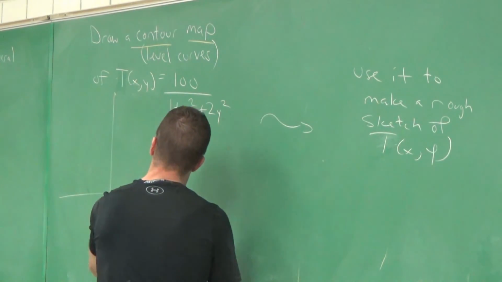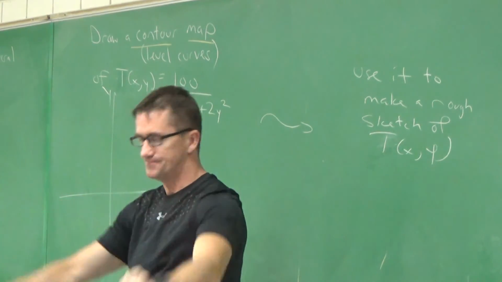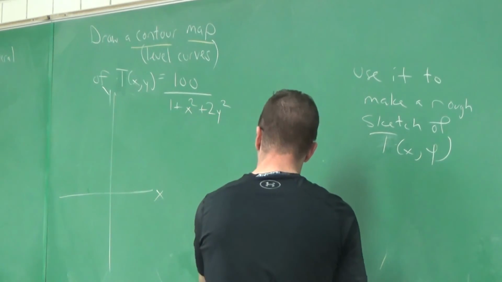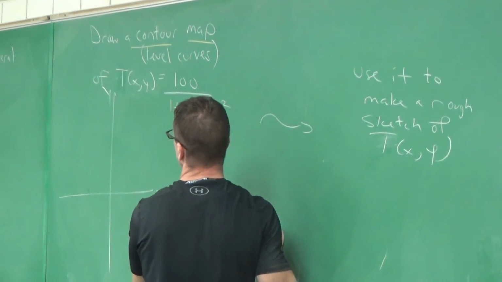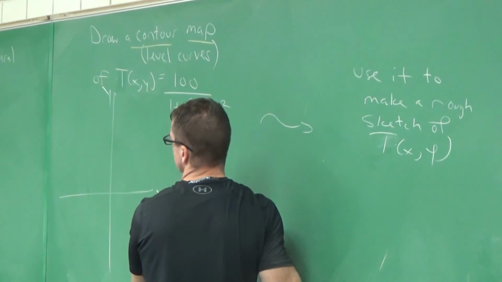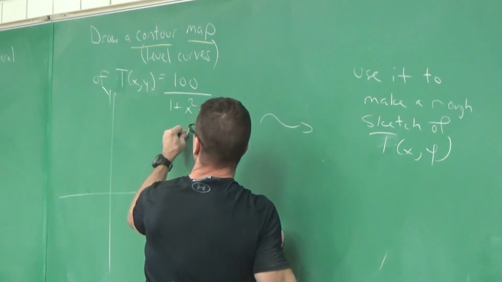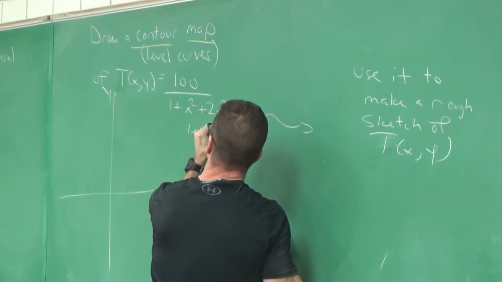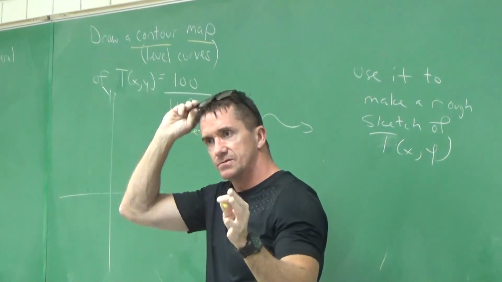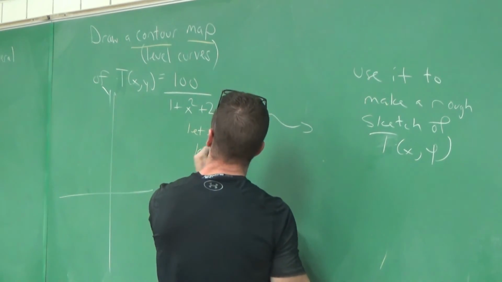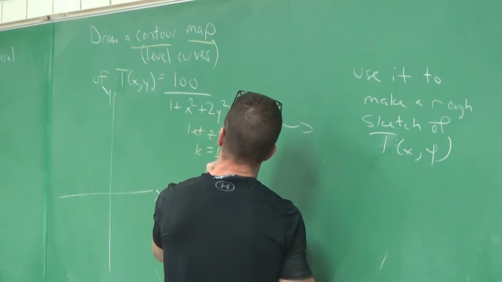Now, level curves, xy plane. Well, the first thing, step 1, let z equal k before I get lost with level curves. So let z equal k, I get k equals 100 over 1 plus x squared plus 2y squared.